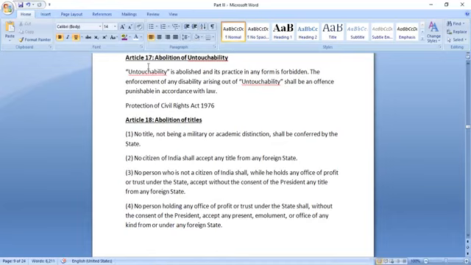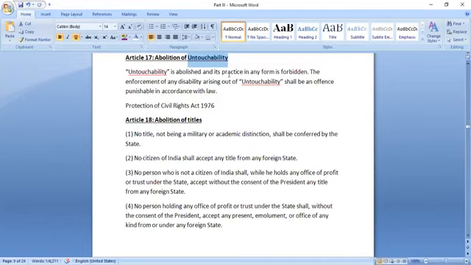So next is Article 17. Now, during the time of independence or before that, the practice of untouchability was very much prevalent, right? So it was necessary that apart from providing these two articles, 15 and 16, that there shall not be any discrimination, the practice of untouchability also should be abolished.